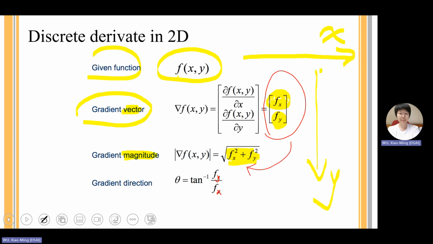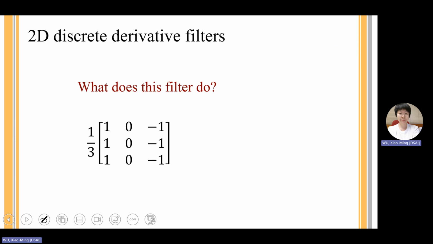We can also compute the direction of the vector, where the direction is the arctangent of this ratio. Now let's take a look at the edge detection filters. Can you recognize this filter? What is this filter?